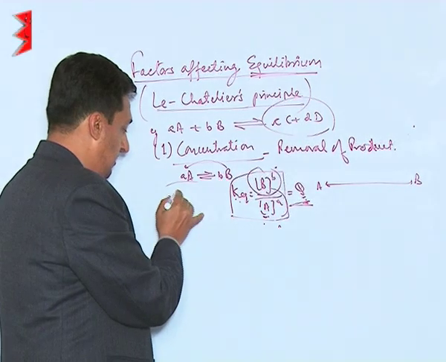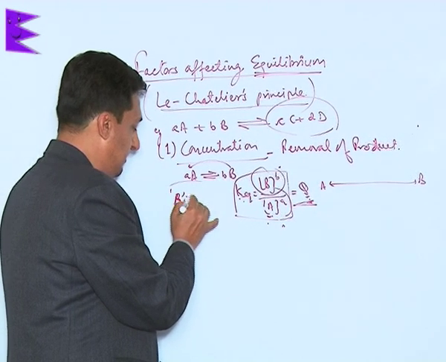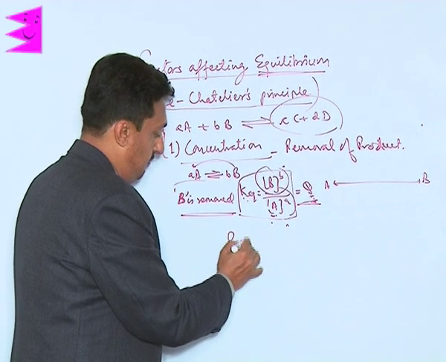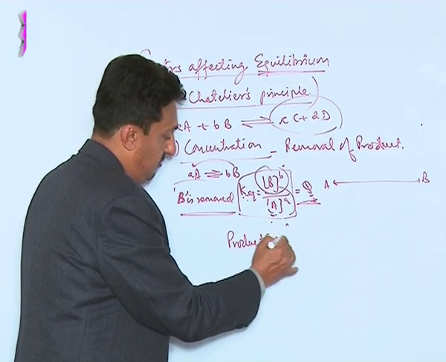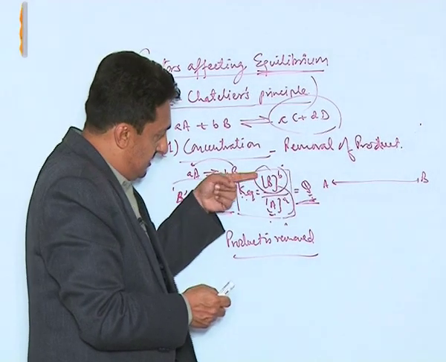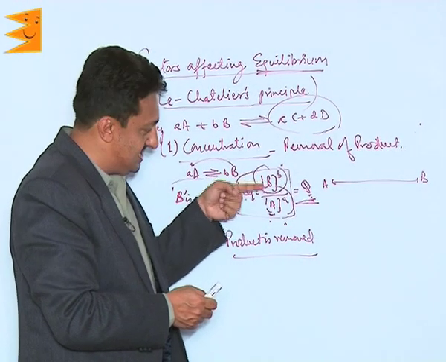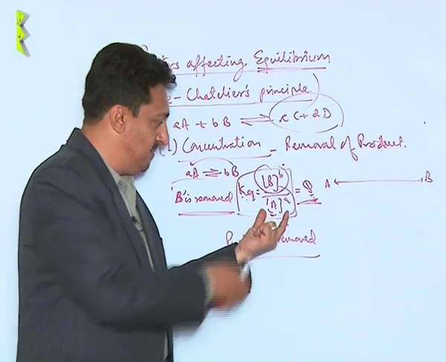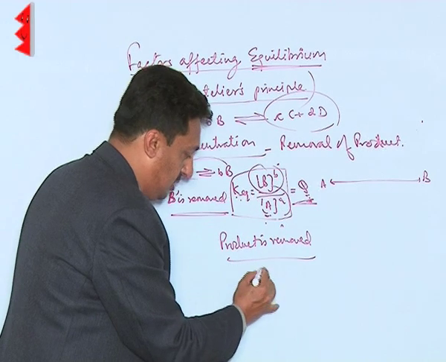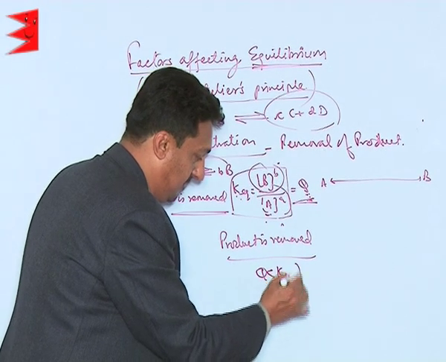So when B is removed, the product is removed. Now I think you all can easily make out, the numerator is lesser, the denominator is a bigger value. This value of Q will become lesser than your K equilibrium. So your Q is less than your K equilibrium.